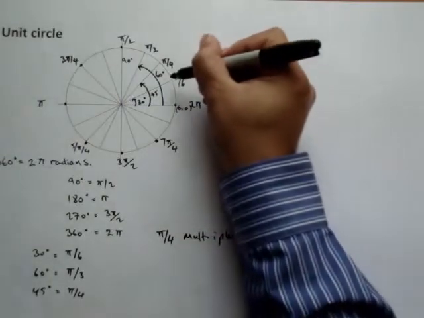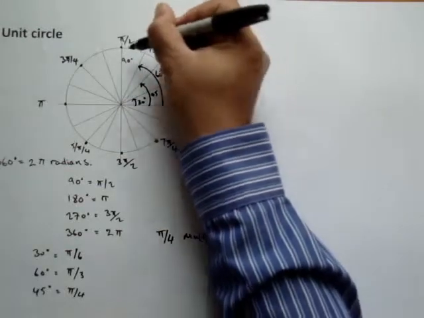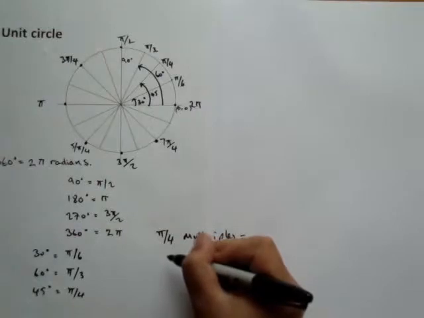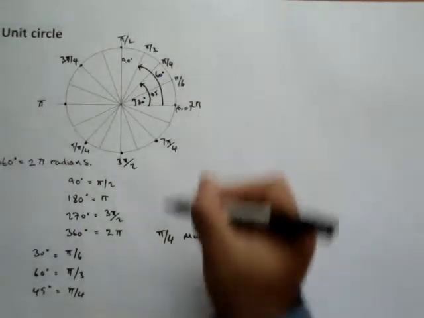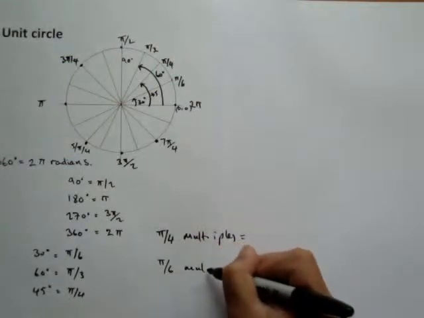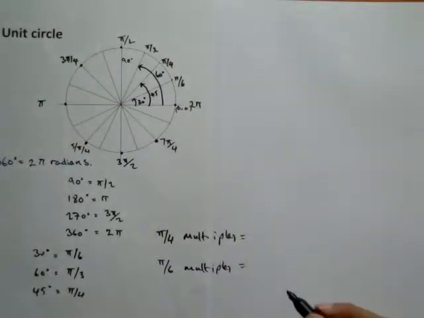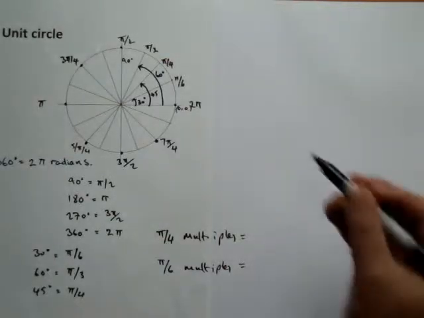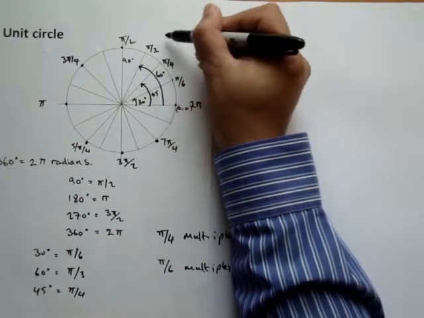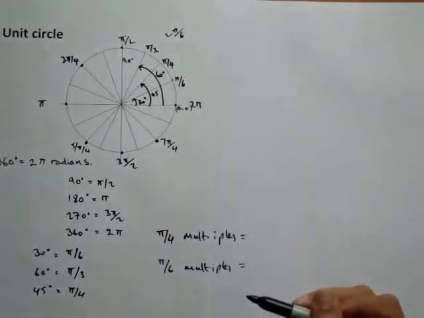Then for all the other angles which are multiples of 30 degrees, 30 degrees was pi over 6, so we need to go up in multiples. So this becomes pi over 6, this is 2 pi over 6, which when we cancel down becomes pi over 3.